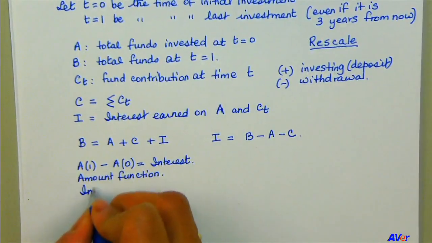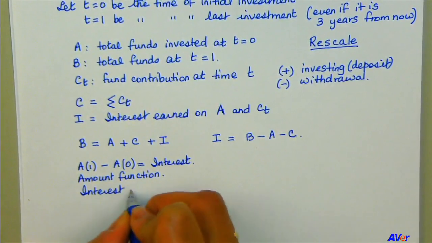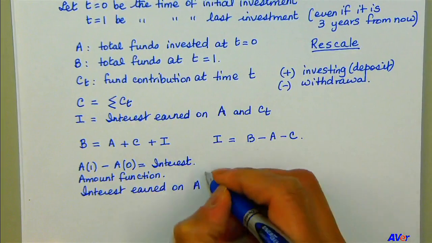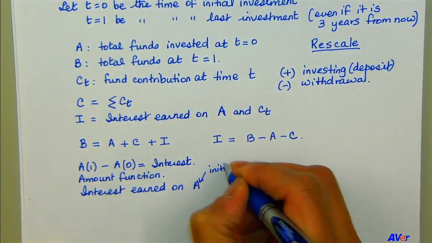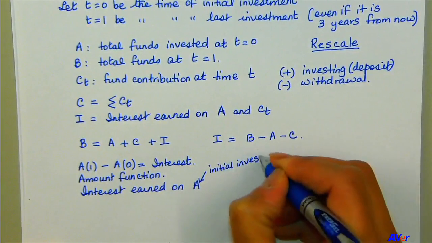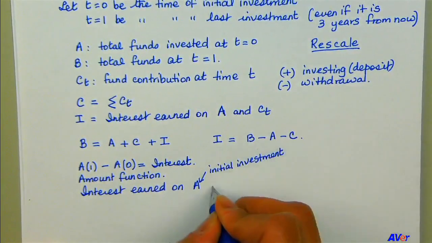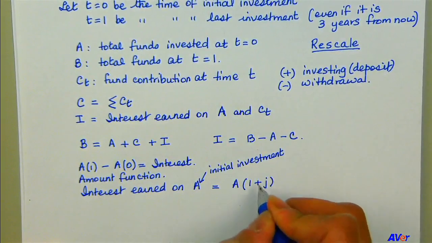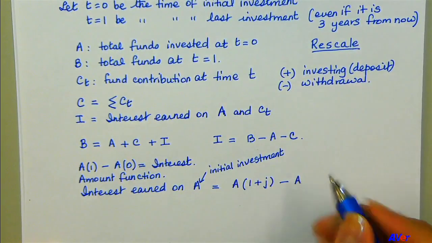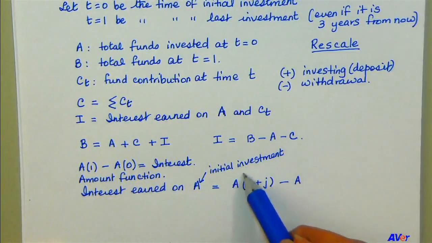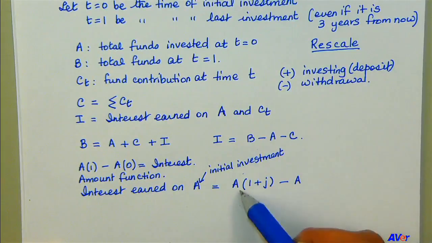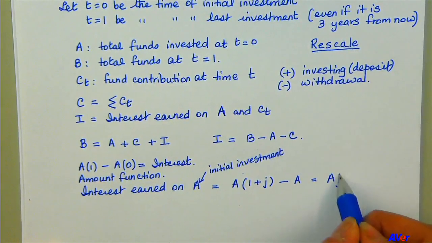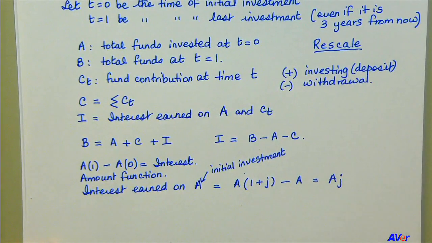The interest earned on A, where A is the initial investment, is equal to A times (1 plus j) minus A. So this A cancels with this A. One is positive, one is minus. So I'm left with A times j. That's the interest on the initial amount A.